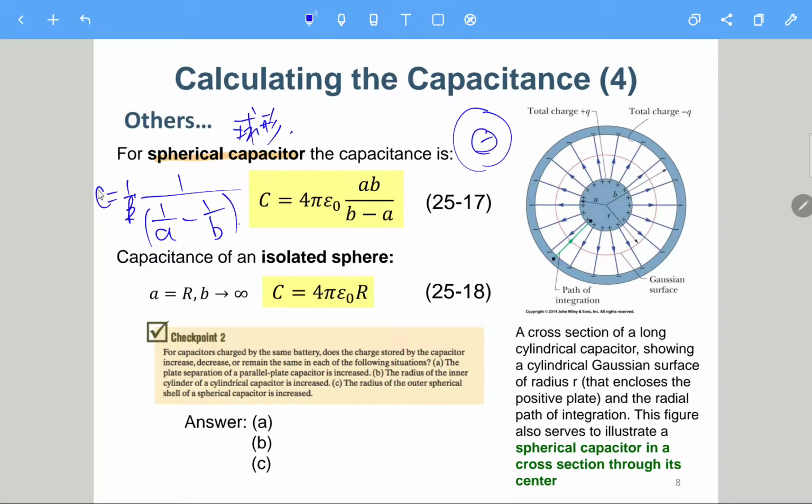So likewise, if we want C to be larger, we want the denominator to be smaller, which means that A and B should be close, and then it will make C larger.